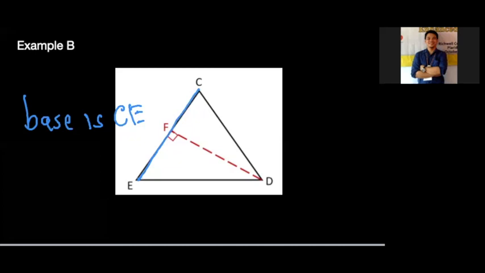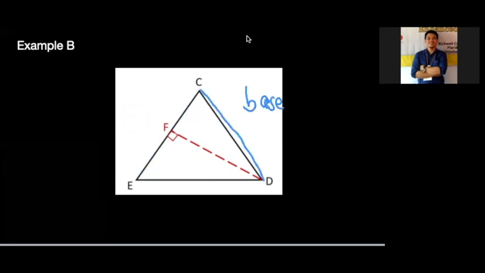What if the base is CD? If this is our base, what would be our height? So we need to draw a line from vertex E that is perpendicular to our base CD. So this will be the height of the triangle given CD as our base. You can name that point with any letter.